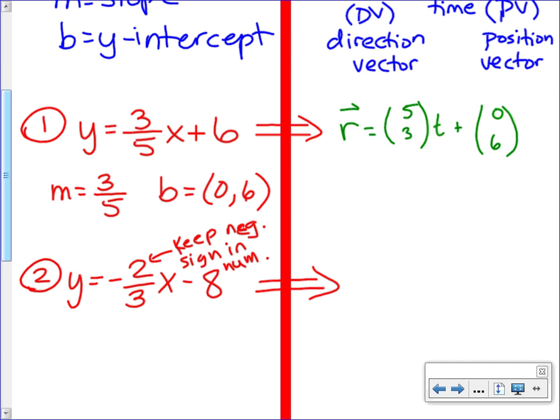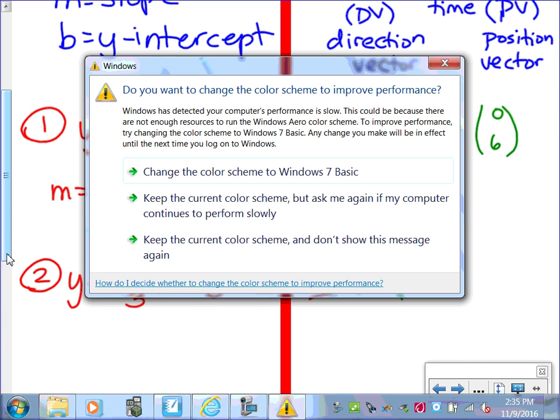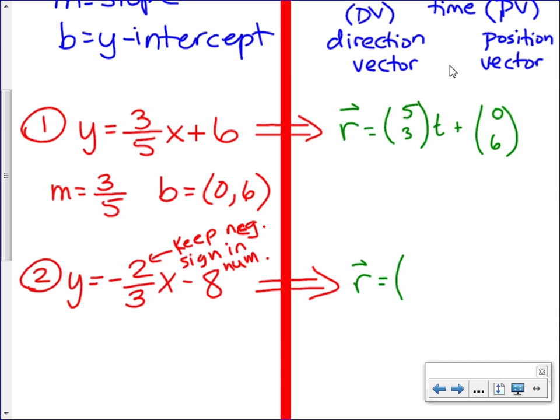Okay. Here we go. This one. Y equals negative 2/3 x minus 8. So a vector equation for this would be direction vector, and Heather, yes, good.